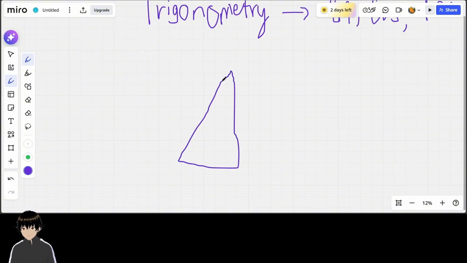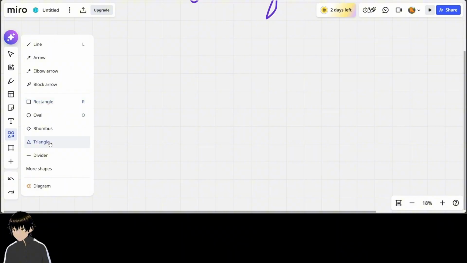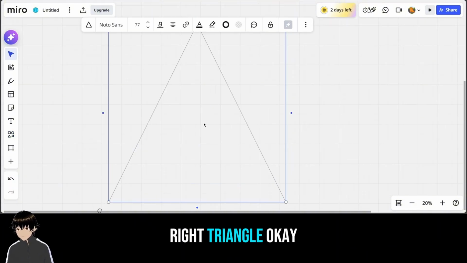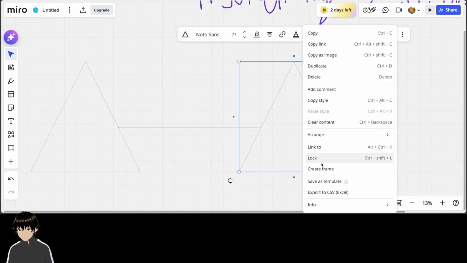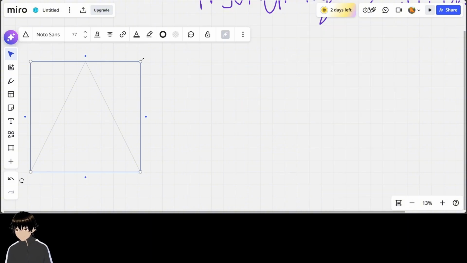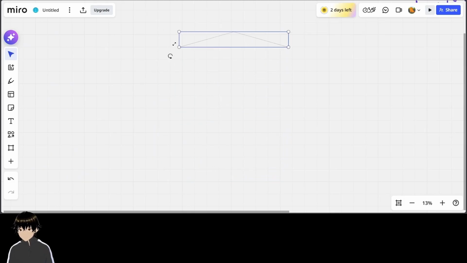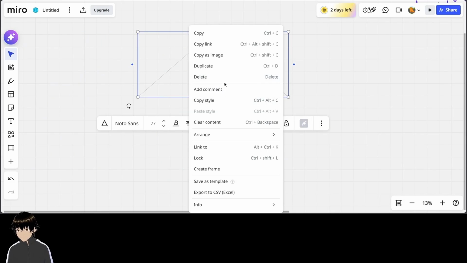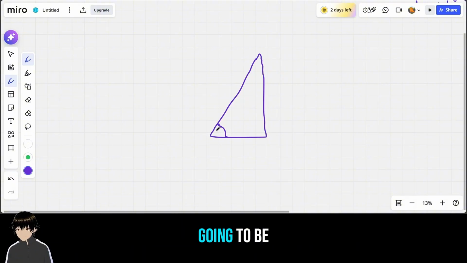Okay, suppose we have a right triangle. And the angle for this is going to be 90 degrees.